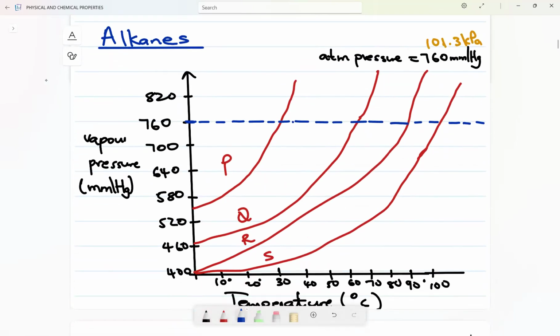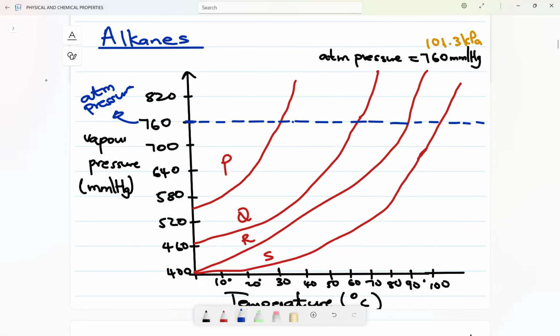It means, can you see now, this is the atmospheric pressure, okay? This is the atmospheric pressure. Okay, cool. So each corresponding temperature here will be the boiling point of it. It means where this temperature and this atmospheric pressure intersect, it will be its corresponding boiling point.